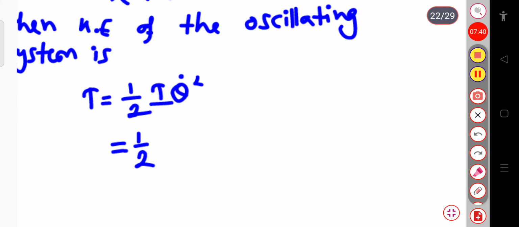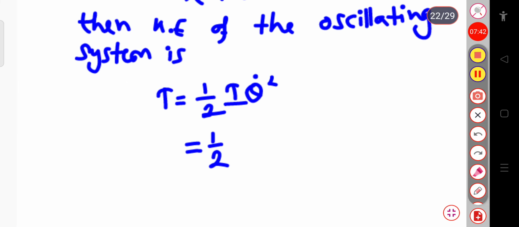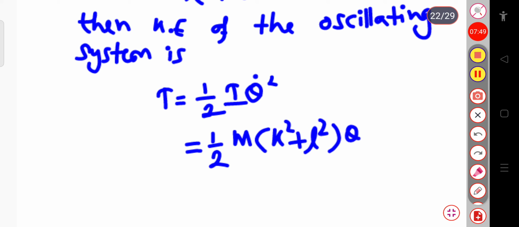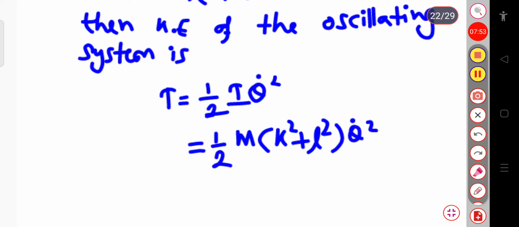So this will be 1/2 m (k square plus l square) whole into theta dot square. Now similarly we can calculate the potential energy with respect to the horizontal plane.